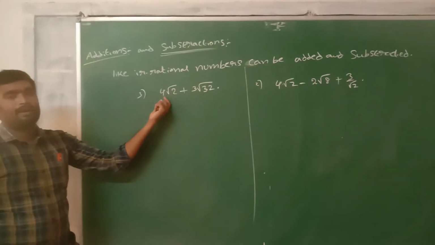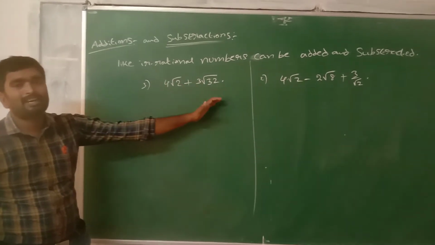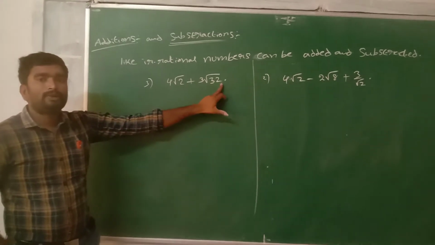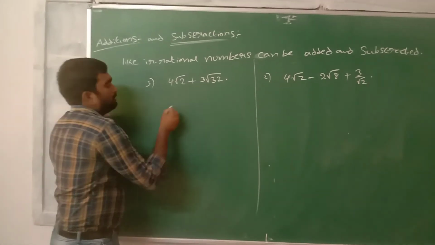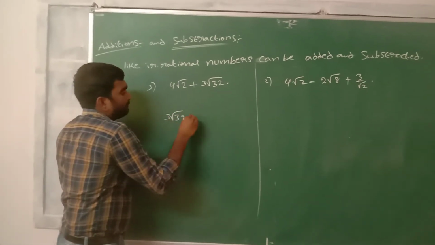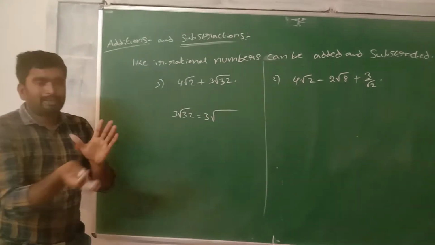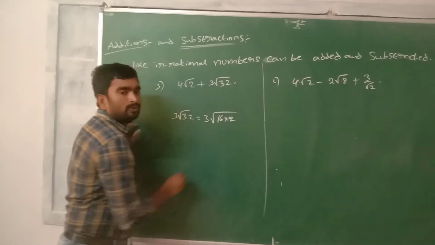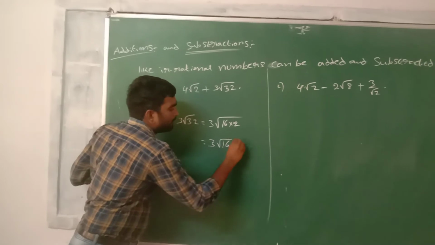Example, 4 root 2 plus 3 root 32. This is the common factor, root 2. There is root 32, so first we will convert it into the common factor. That means root 32 will be modified. So 3 root 32 is equal to 3 into root of 16 into 2, that is equal to 3 into root 16 into root 2.